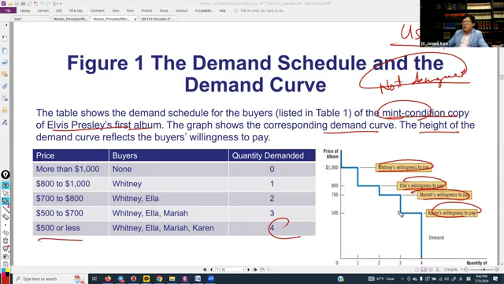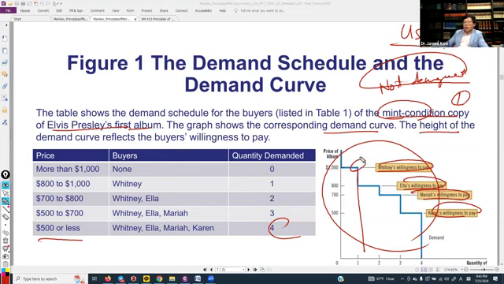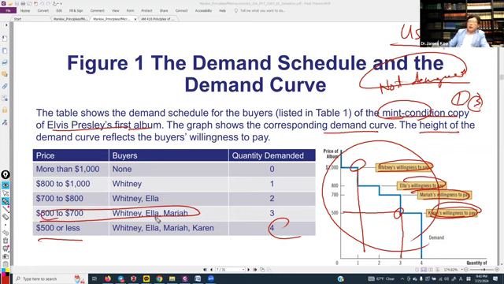Less than 500 is the situation where the demand curve changes. It means there is only one album, so maybe only Whitney takes it. But if there are 3 albums, maybe 3 persons, Whitney, Ella, Maria will buy, and the price is between 500 and 700. That is the demand curve and schedule.